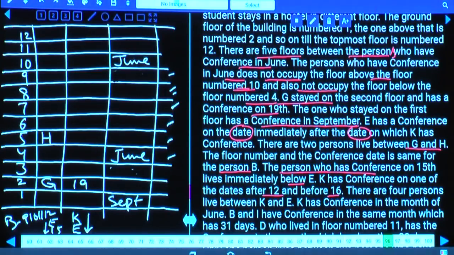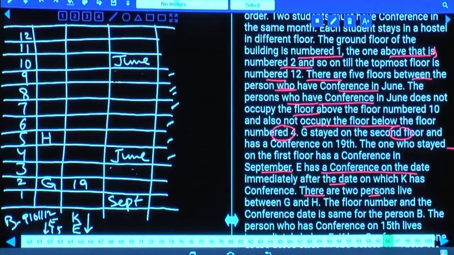As you see here, K is either 13, 14, 15, and E is after K, and 15 is after E. Hence, what is the possibility for this K? Hold on a moment. I am talking about K, E, and this 15. These three must be adjacent to each other, isn't it?